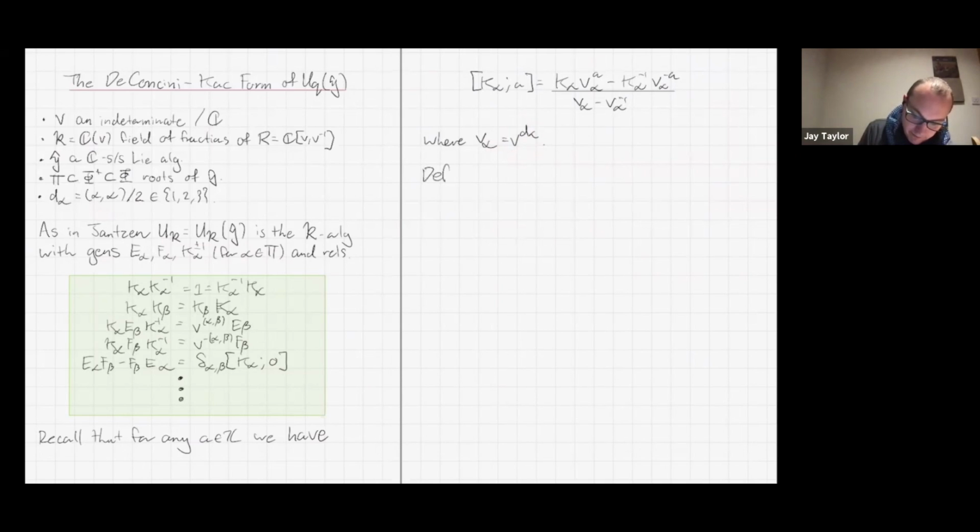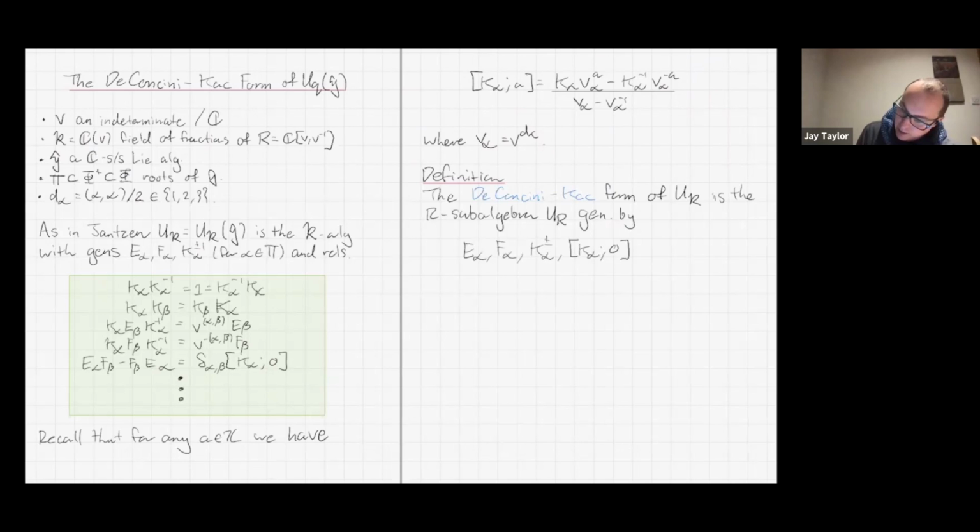Okay, so the De Concini-Kac form of U_K is the R-subalgebra U_R generated by the E_alphas, the F_alphas, the K_alpha plus or minus, and what I'm going to throw in as well are these terms.